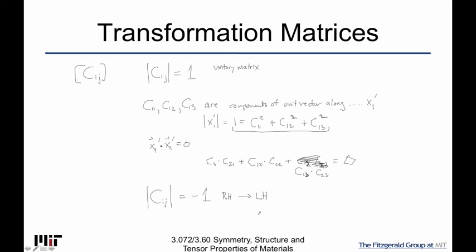Up here, this is for when I went from a right-hand coordinate system to a right-hand coordinate system. So a flip in the determinant value of Cij tells you that you've switched handedness in the coordinate systems.